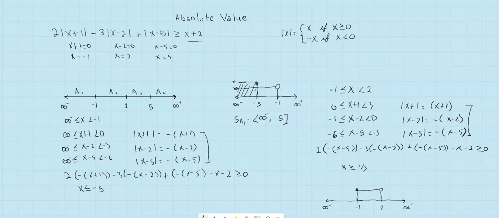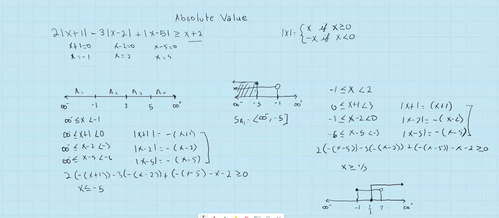Then you're going to have the value 1/3, which I'm going to put somewhere around here. It is included, because it says greater than or equal to 1/3, so it's going to go from here towards positive infinity.